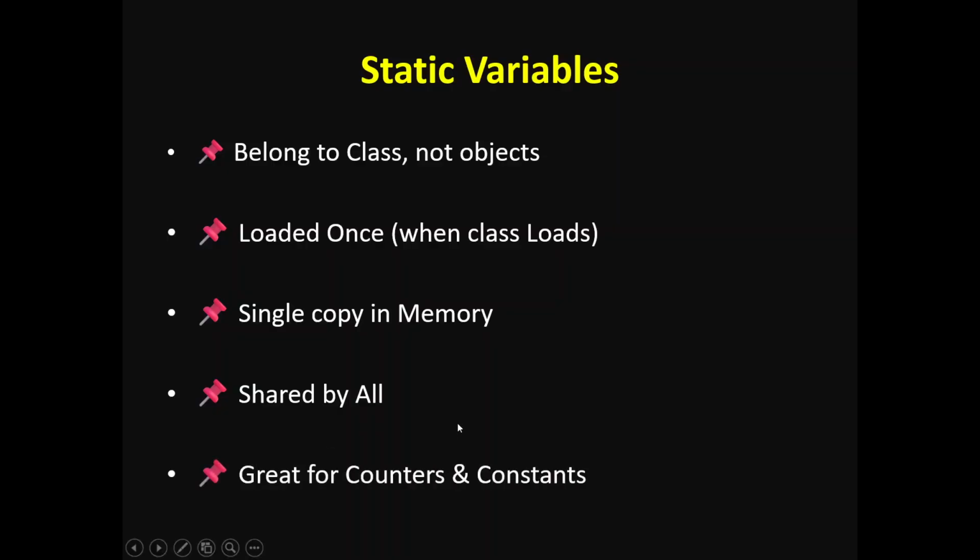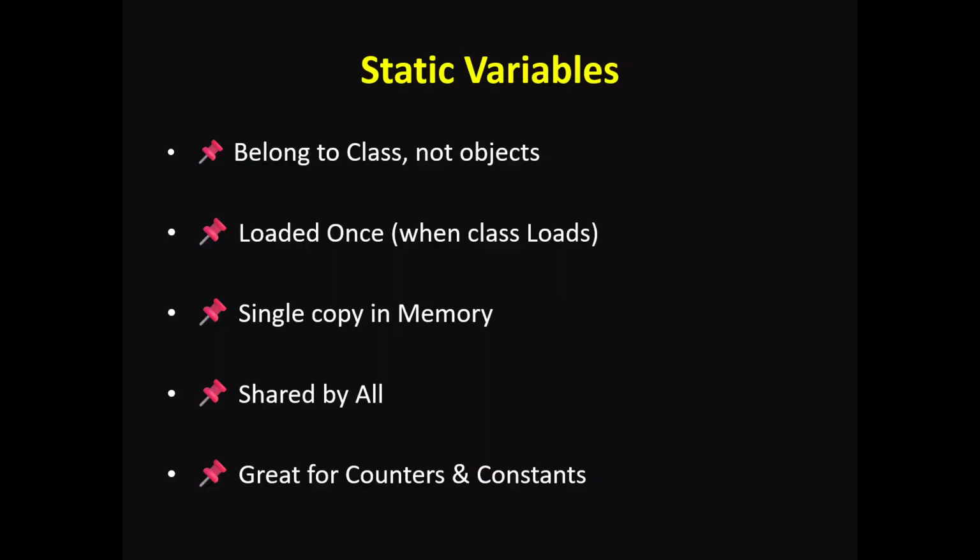Next, it is great for a counter or constant. For example, for a simple use case, if we want to know how many objects or how many employees we have created, that is the count of the objects, that logic we cannot keep inside the employee object itself, because we want to know how many employees there are.